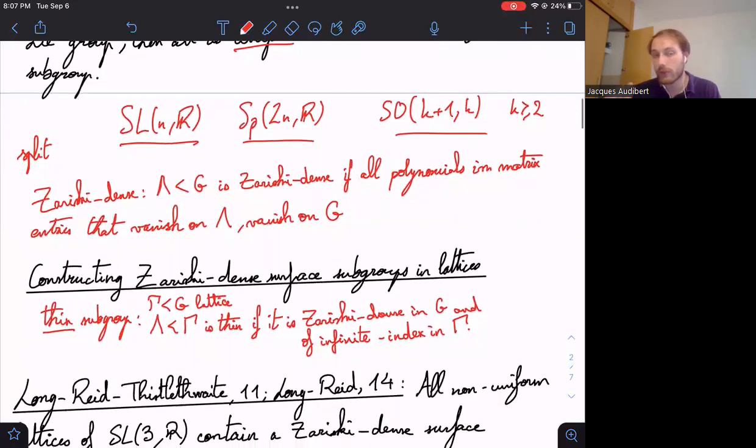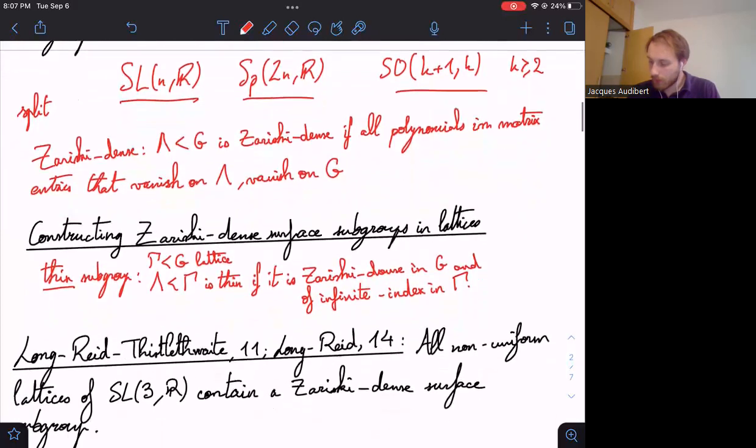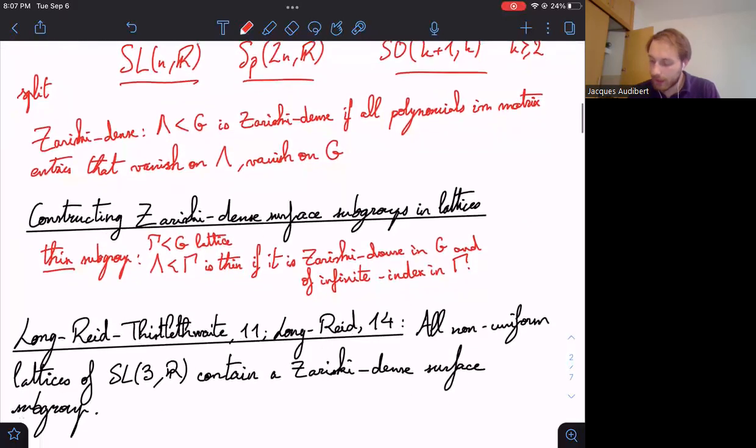So we will construct thin subgroups. Interested by this notion of thin subgroups, Long, Reid and Thistlethwaite tried a lot to construct thin surface subgroups in lattices as images of Hitchin representations.